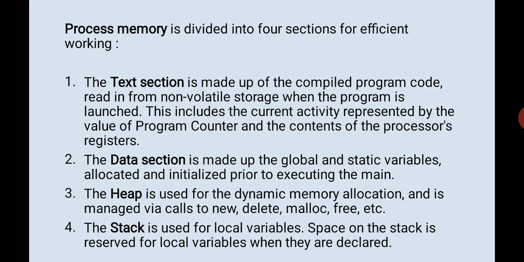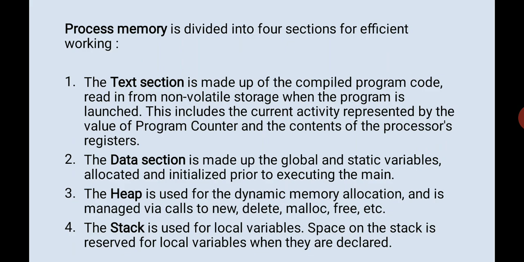The data section is made up of global and static variables allocated and initialized prior to executing the main. So the data section has global and static variables that are allocated and have to be initialized before the program can start executing the main.